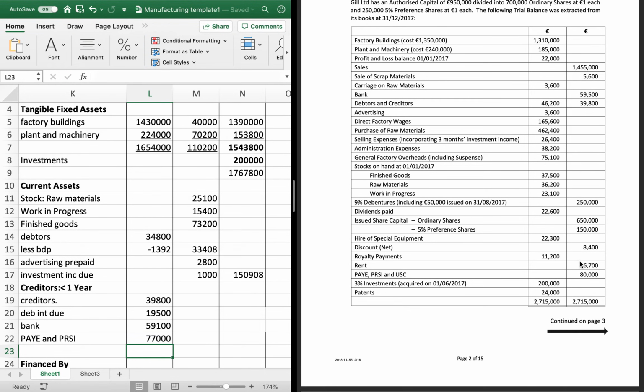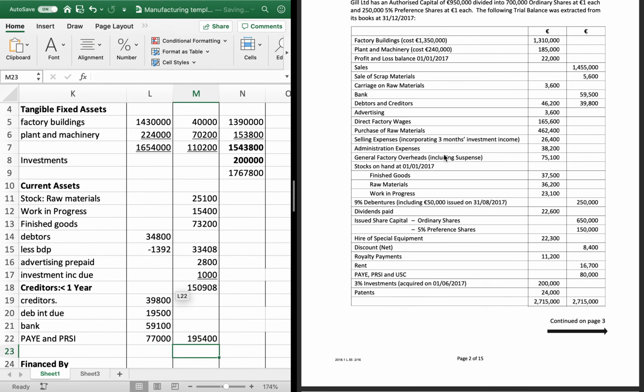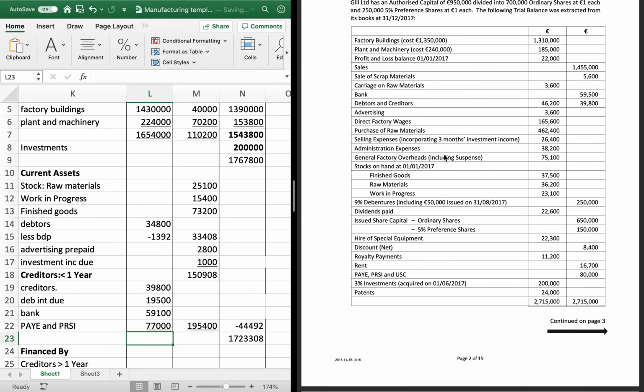No, so everything on this side is in. We'll just take a chance that these are all correct. Take our current liabilities away from our current assets and you get a negative working capital of 44,492. We take that away from the fixed assets of 1,767,800 and you get total net assets of 1,723,308.